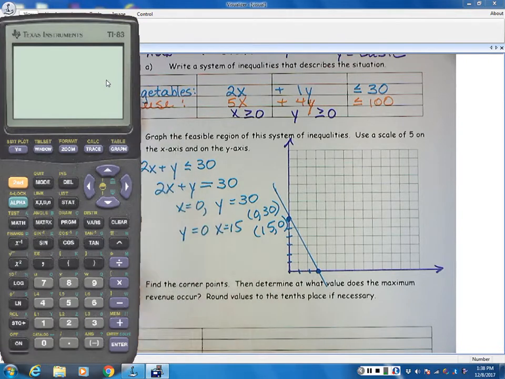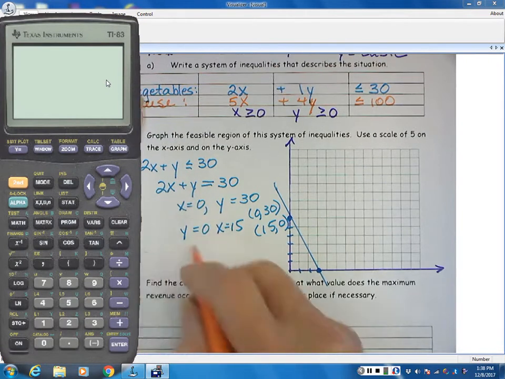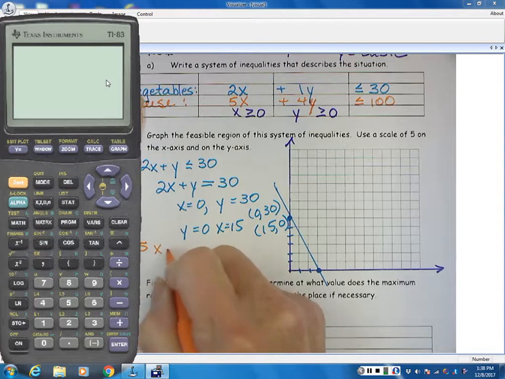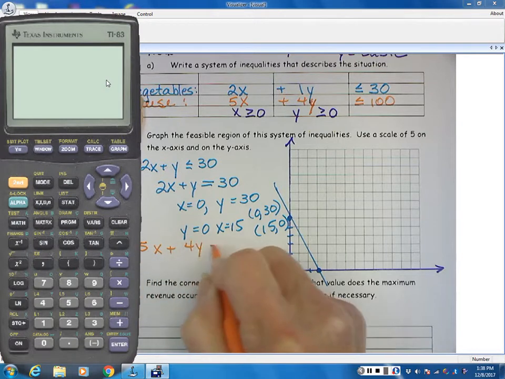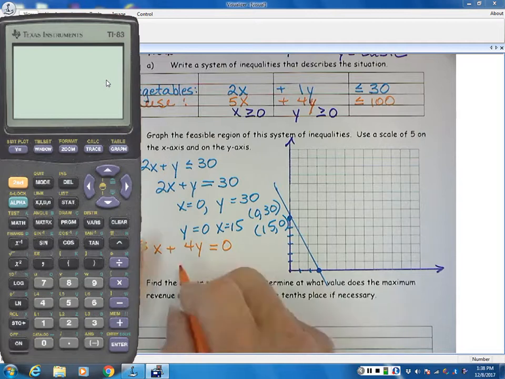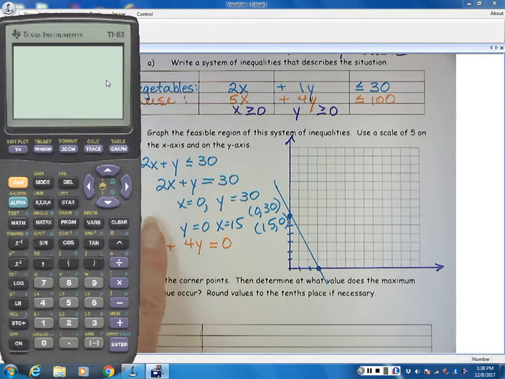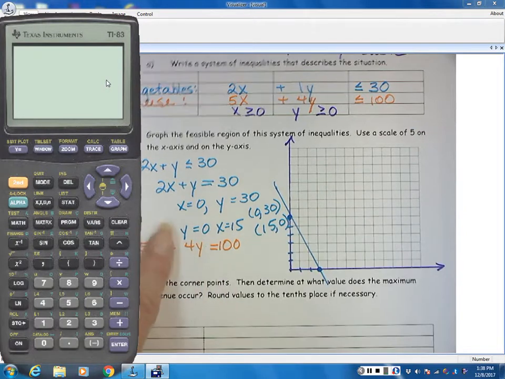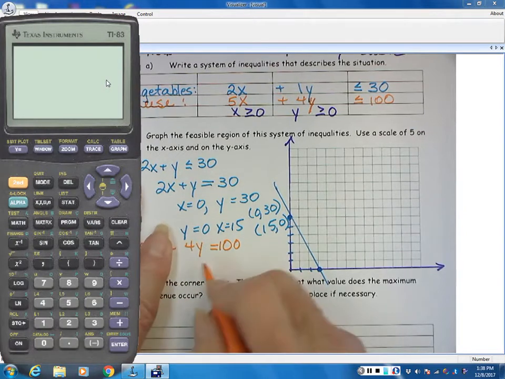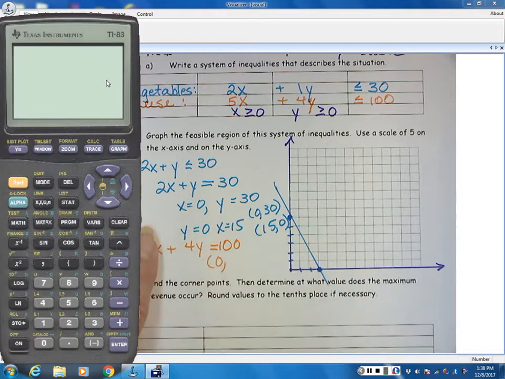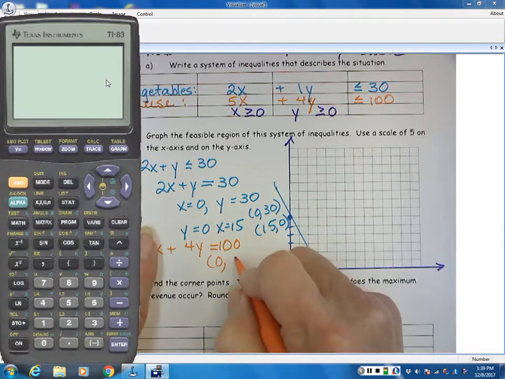And then for the cheese equation, 5x plus 4y equals 100, I'm sorry, not 0. That'd be fun. If we let x be 0, then 4y is 100 and y would be 25.